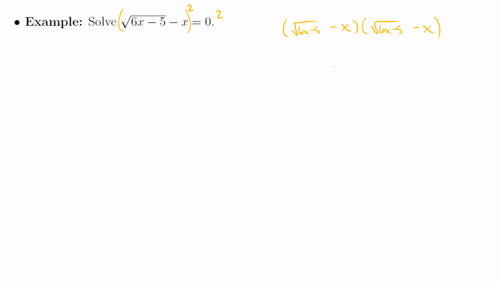And if I did FOIL it out, again, don't write this down because it's a pain. But if I did FOIL it out, I would have to go first, outside, inside, last, right? And I just made a much bigger mess than what I started with.